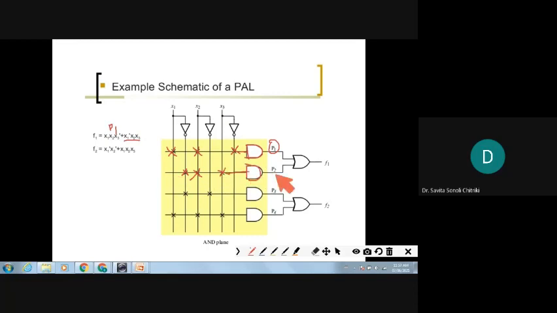All these three are ANDed, and I get the product P2. Again, I have to OR P1 and P2. So P1 is ORed with P2 to get the function F1. Is it clear to you all?